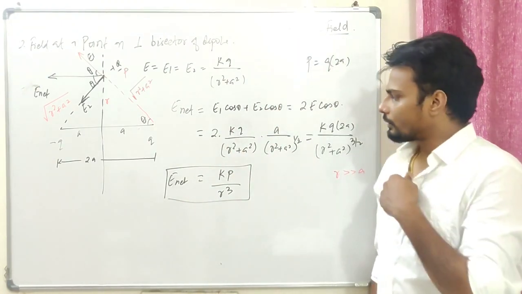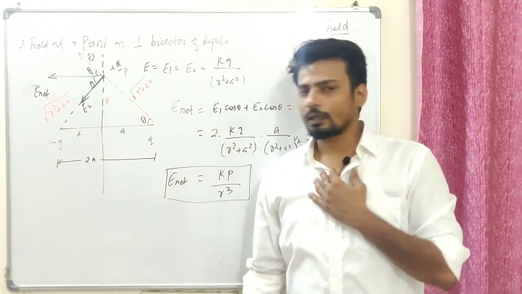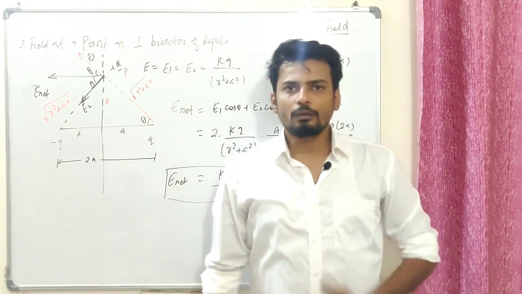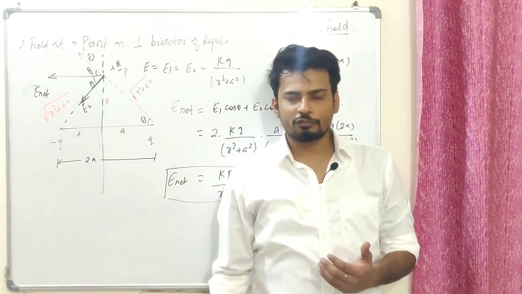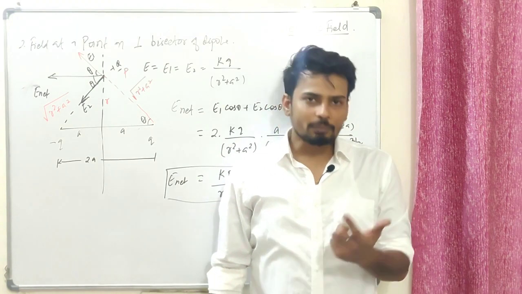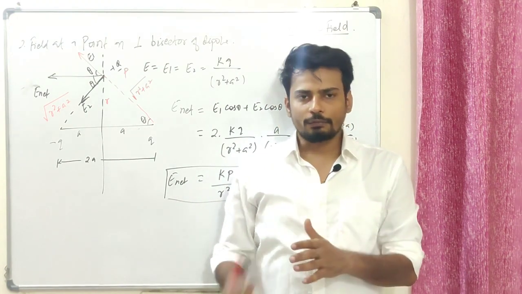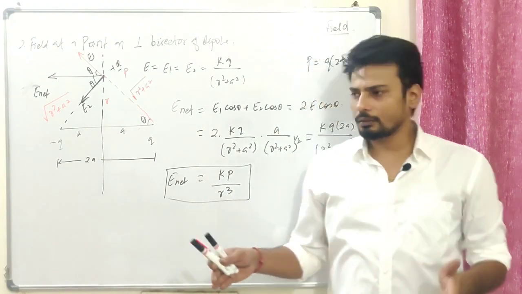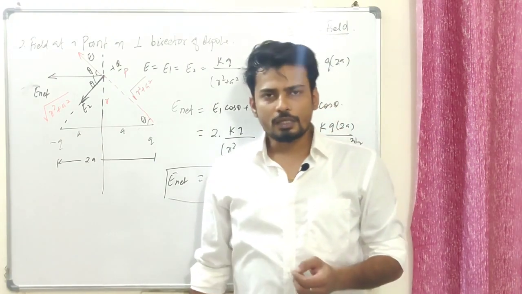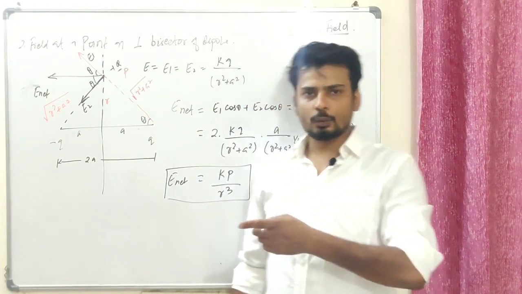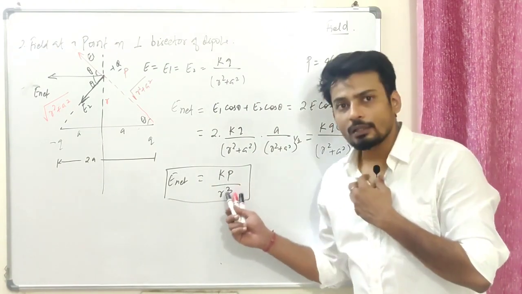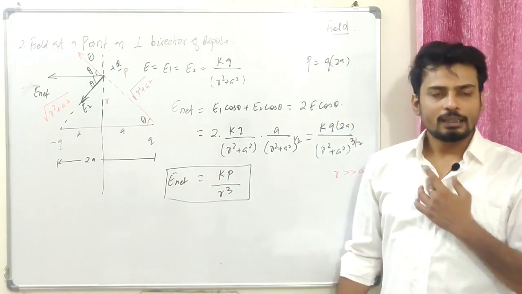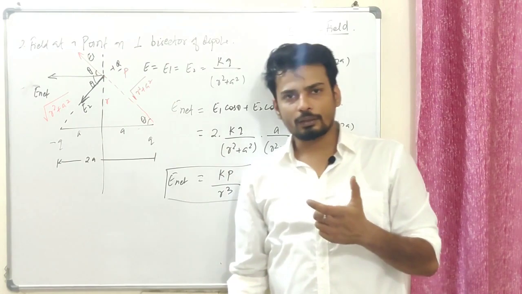Now one thing I should tell you is that in Coulomb's law, the force was inversely proportional to r square, right? So if we go away from the charge, the force decreases inversely with r square, but in this case it's going to change with the cubic value of r, right? That's one of the differences that you guys should know about the change in the field.